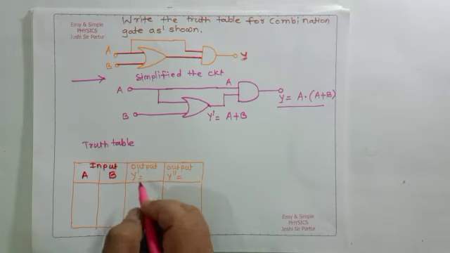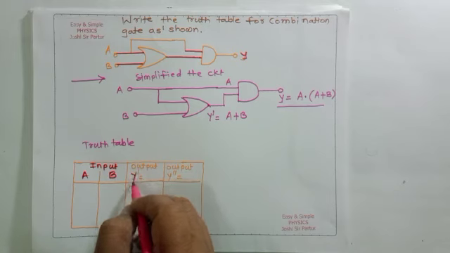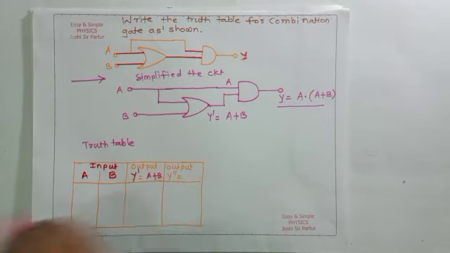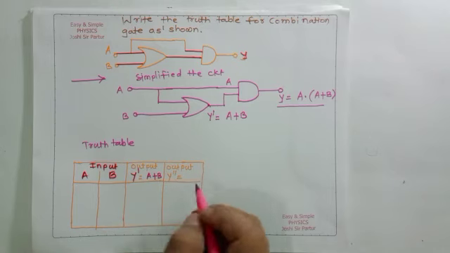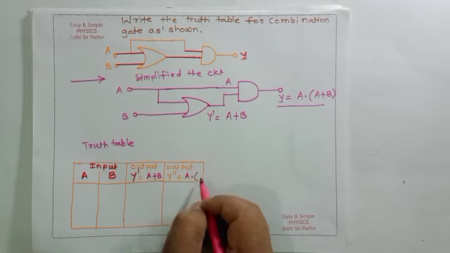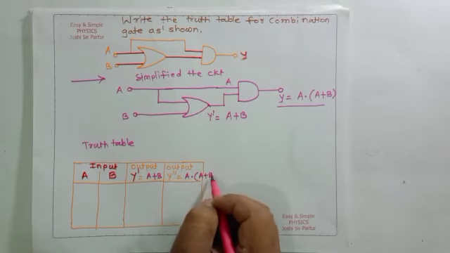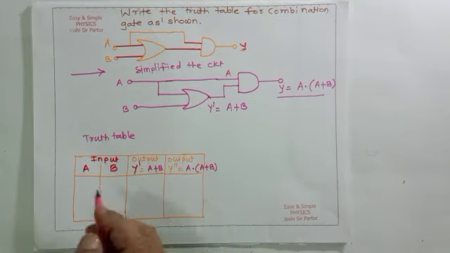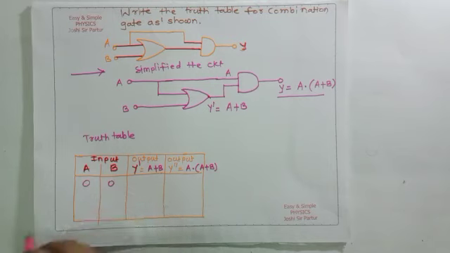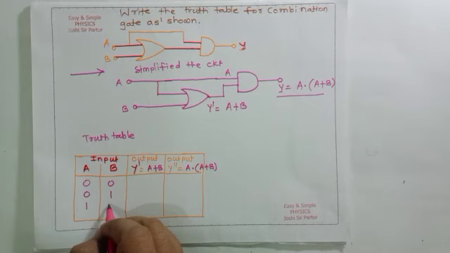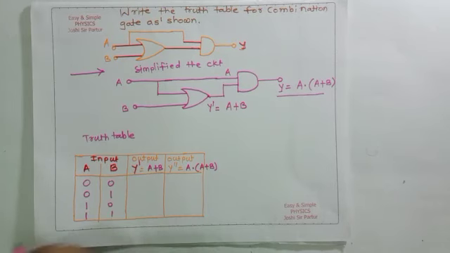So the output for the OR gate will be Y dash is A or B, whereas the output for the AND gate will be A and (A or B). We can verify using the four possibilities: low low, low high, high low, high high.